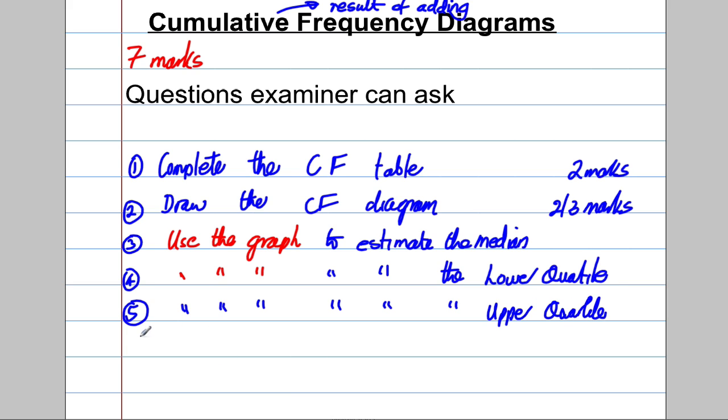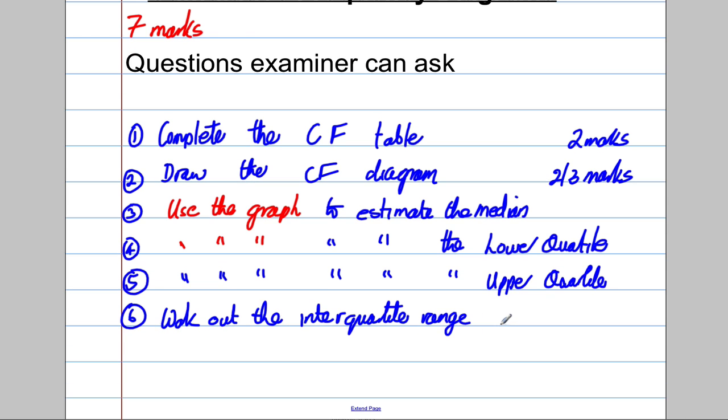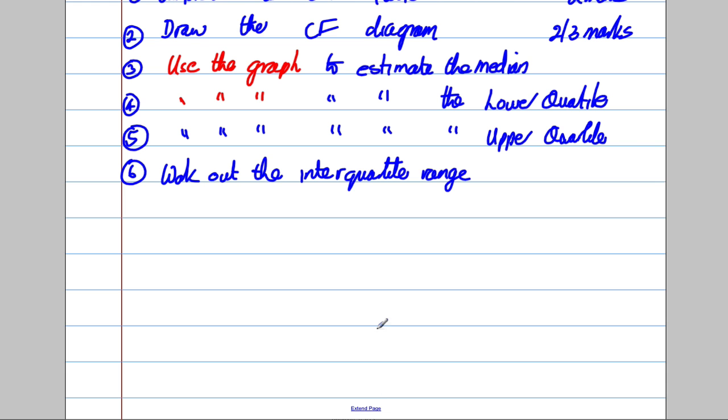The next thing that they can get you to do is to work out the interquartile range. And then there are 2 more ideas they tend to ask. I'm going to put 7.